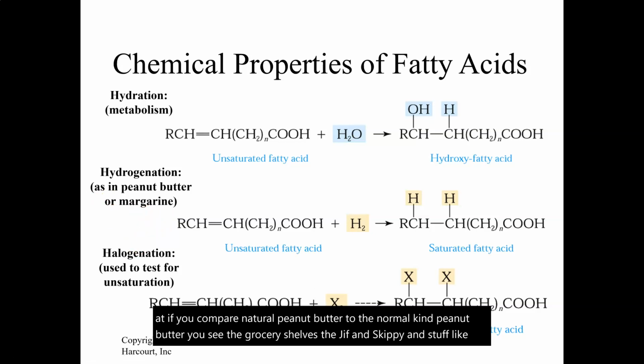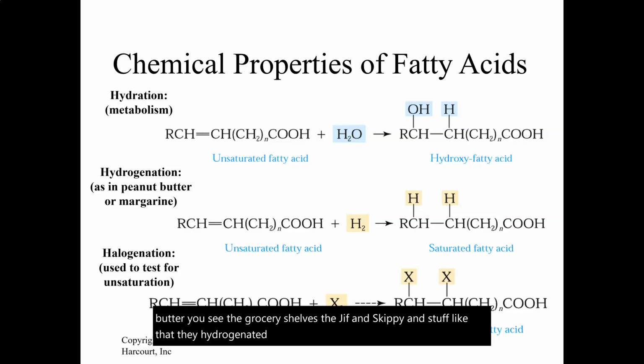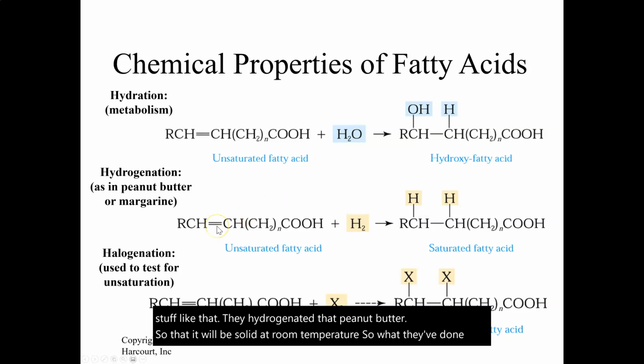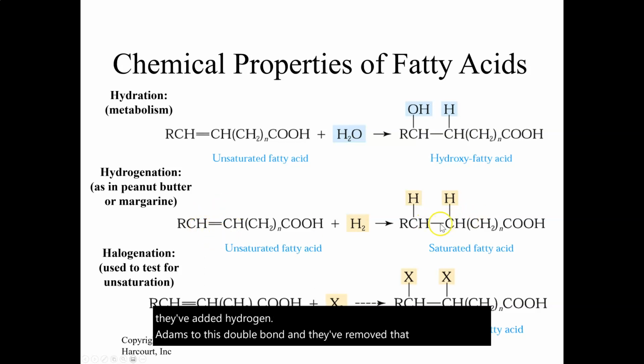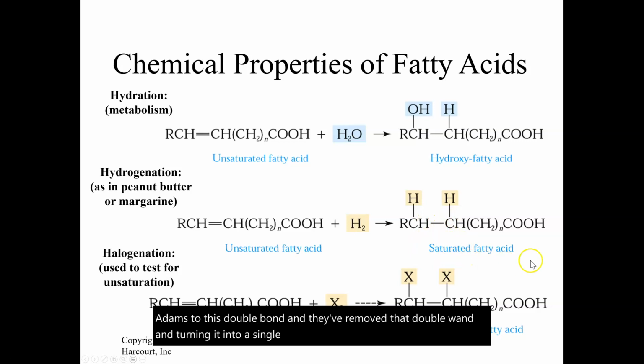They've hydrogenated the oil in that peanut butter so that it will be solid at room temperature. What they've done is add hydrogen atoms to the double bond, removing it and turning it into a single bond. So they've saturated it. That's called hydrogenation, and you'll see that in a lot of bad snack foods.